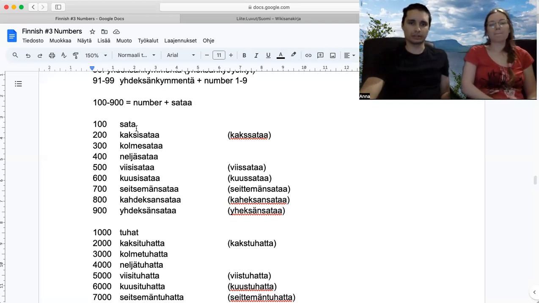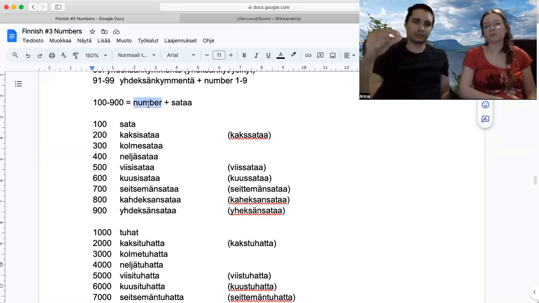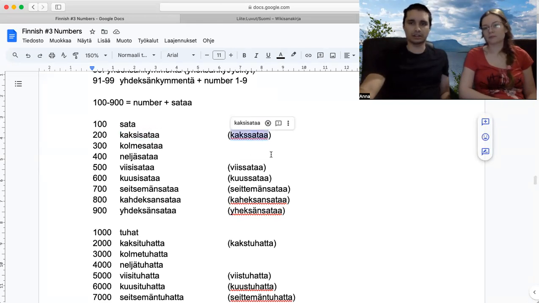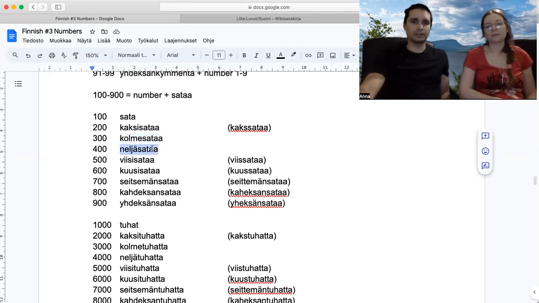So 100 is sata. And after that, just pick the number from 2 to 9 and add sata. 200, 300.